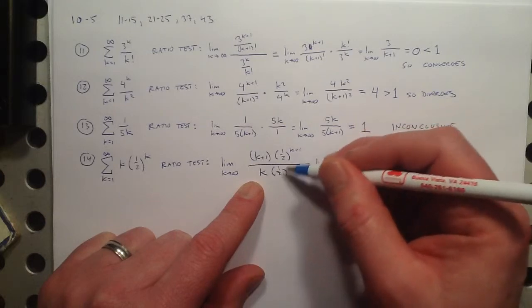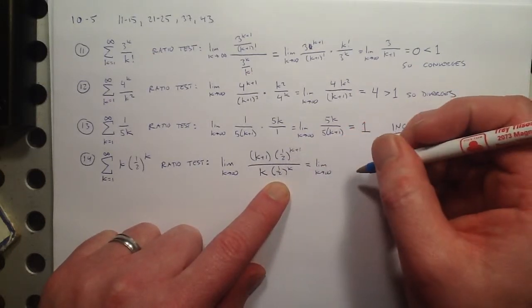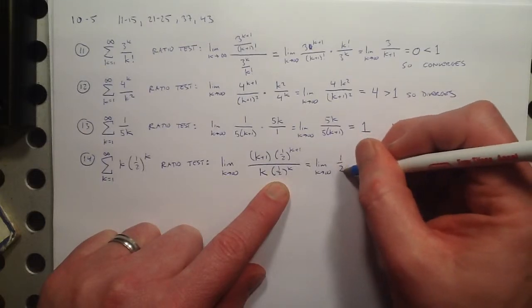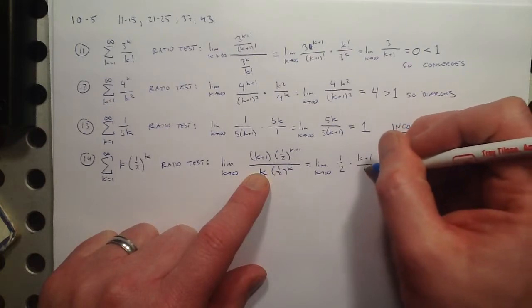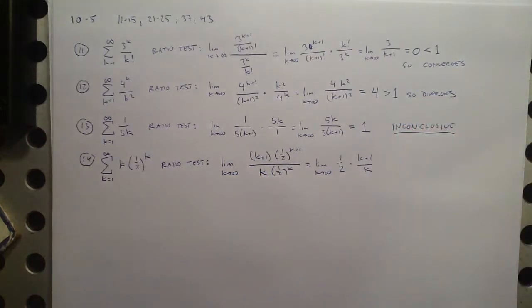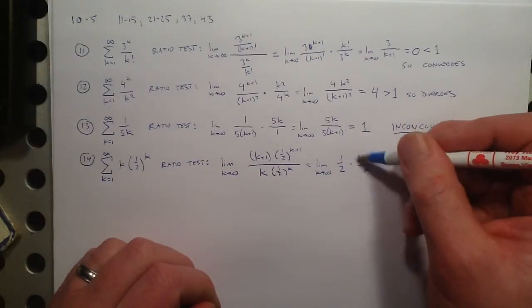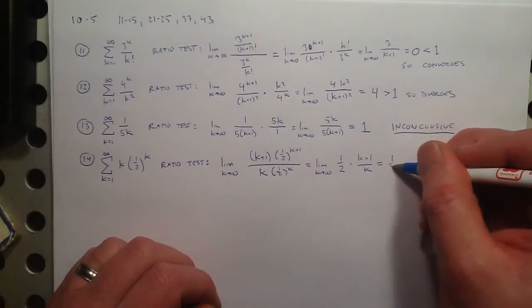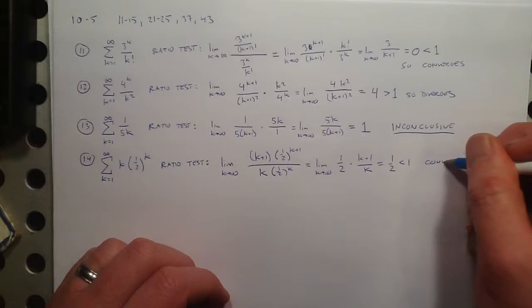Here, my 1/2s cancel except for the extra 1 on the top, so I have a 1/2 left, and then I have k plus 1 here and k there on the bottom. So the limit here, highest power top and bottom, so that would be the ratio of the coefficients times 1/2. So that's 1/2, and that's less than 1, so that converges.